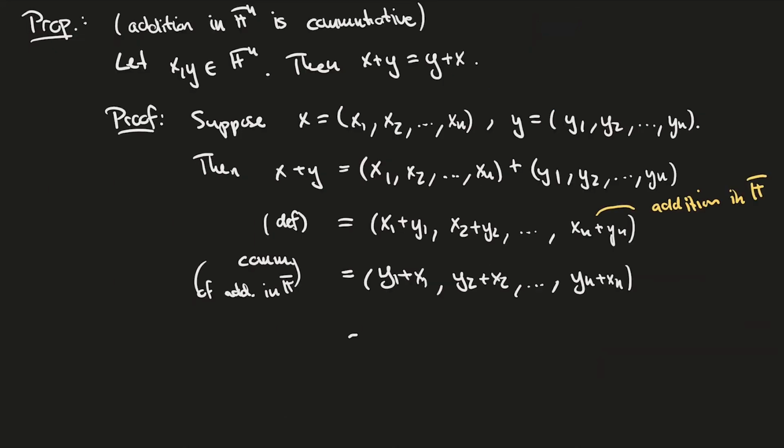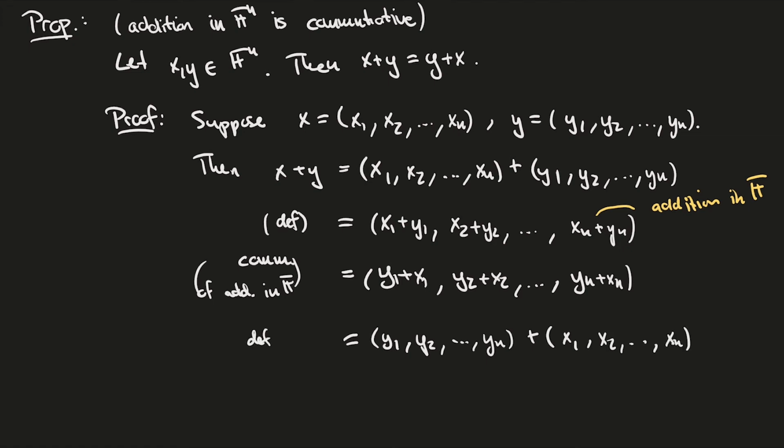Now we can just apply the definition of addition in reverse in order to separate out y and x again. So this gives y1, y2, and so on up to yn plus x1, comma, x2, and so on up to xn.